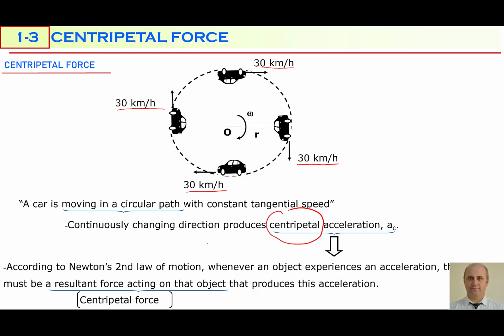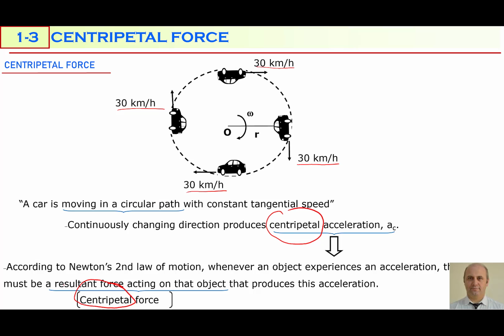As you see, both have the description centripetal. Remember, its meaning is towards the center. It shows the direction of acceleration, and it also explains the direction of that resultant force. That resultant force acting on the object will point towards the center.